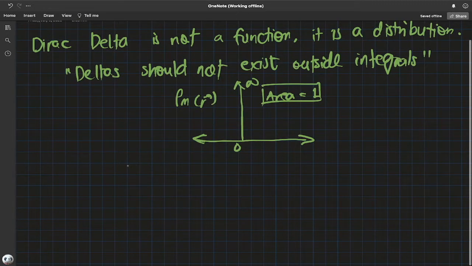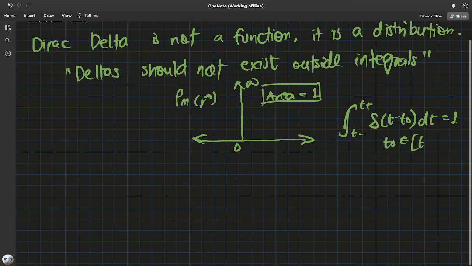Well, this area was again the fact that you integrate the Dirac delta on an appropriate interval. You get 1 if, say, t naught is in that interval, 0 otherwise.